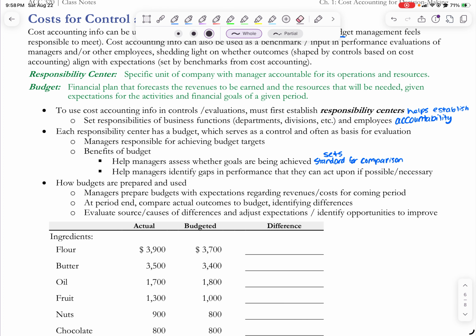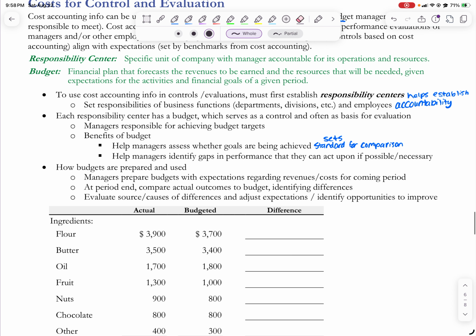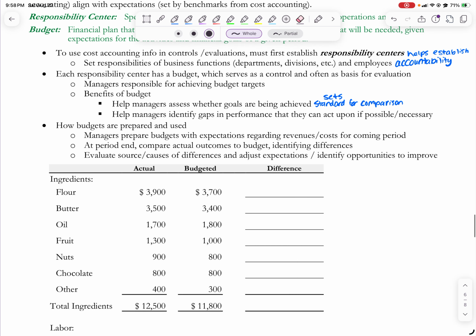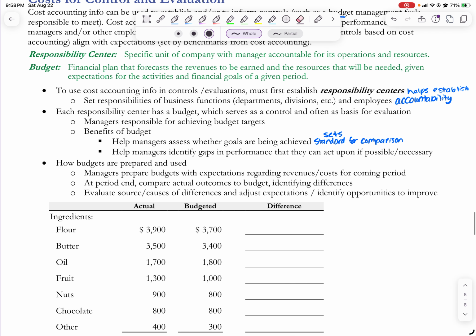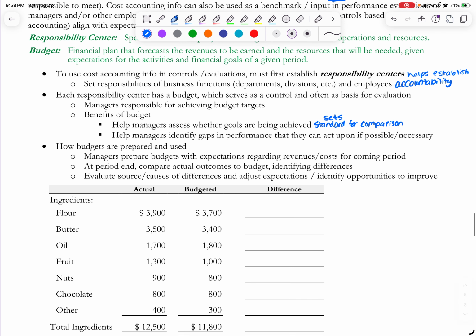So it can help identify specific gaps. It can help identify areas where they've excelled. It's really useful for reforming our expectations and shifting our strategies. So those managers are responsible for those budget targets, meeting or exceeding them.